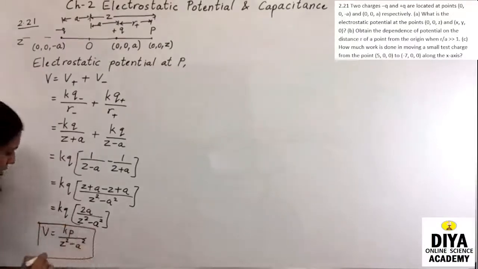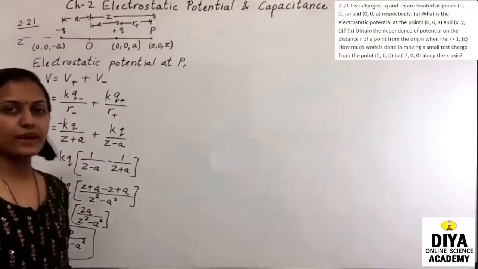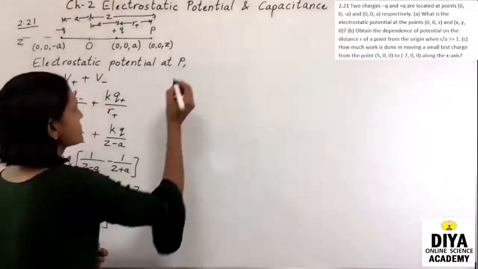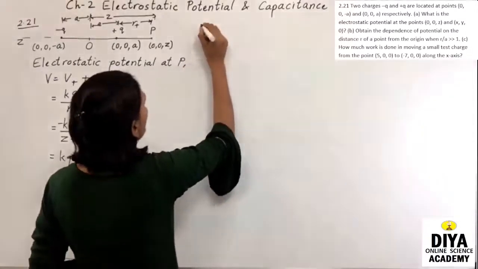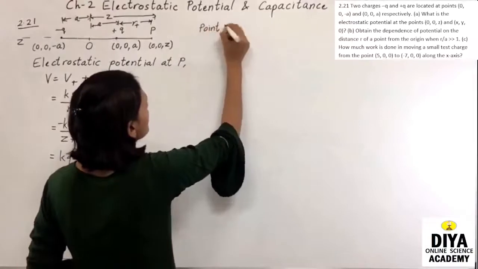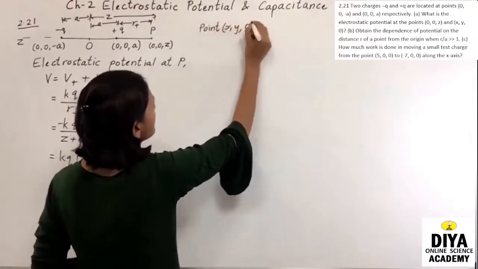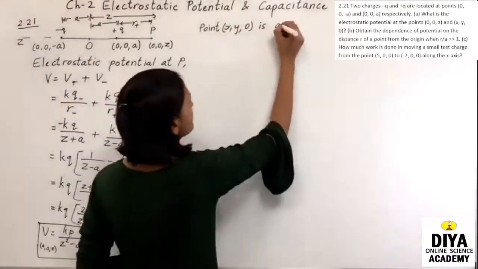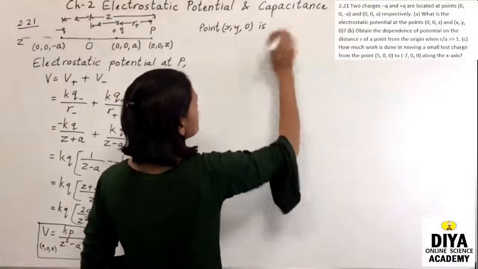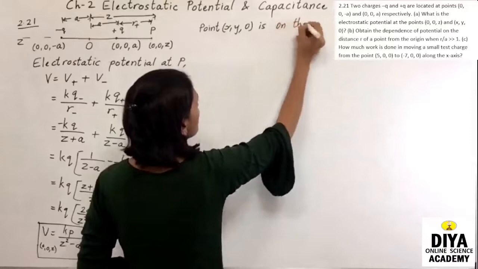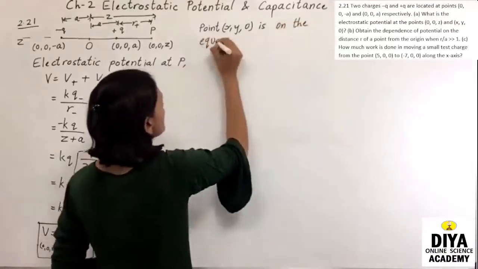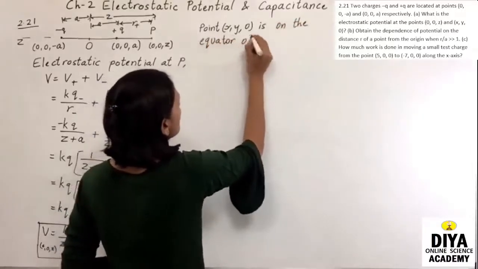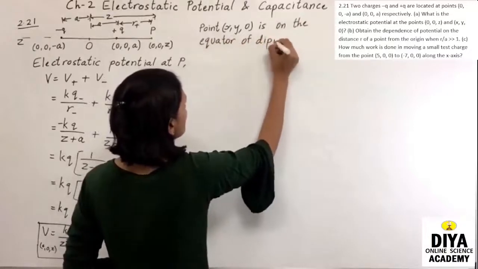This is the potential at point 0, 0, Z. Also at x, y, 0. As I have said earlier, point x, y, 0 is on the equator of the dipole.